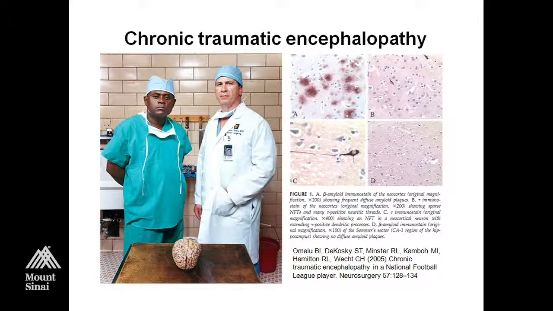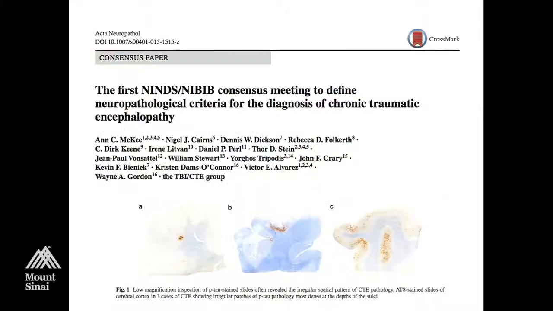We had known that you could see chronic traumatic encephalopathy in headbangers, in victims of domestic violence, and a lot of other contexts, but this was really new, that something as prevalent and important in our culture as football could be associated with this devastating neurological disease.